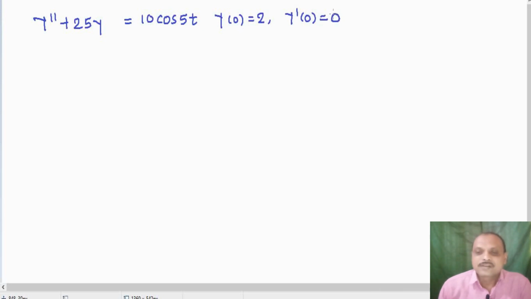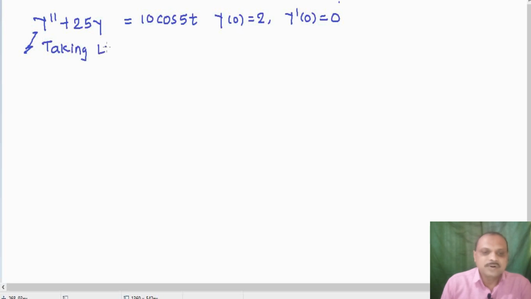So friends, to apply the Laplace transform to a differential equation, you should know how to find the Laplace transforms of the derivatives.